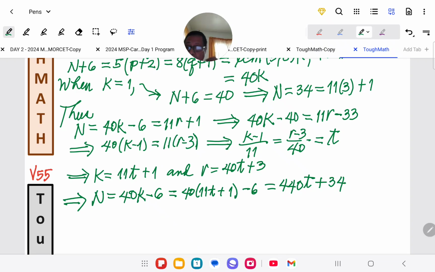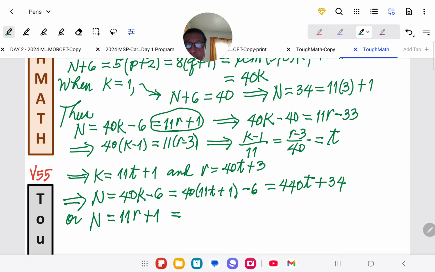Actually, you get the same expression when, instead of using k, we use r. So n is equal to 11r plus 1 from here.